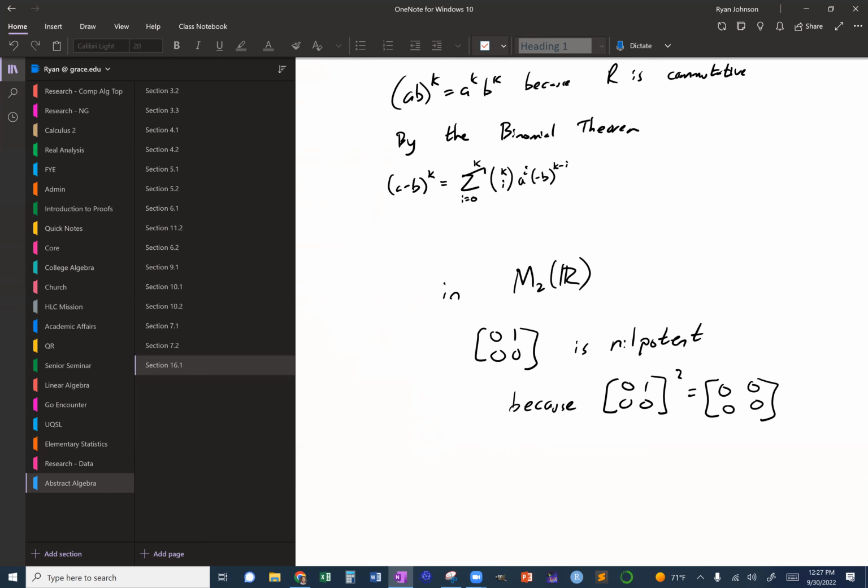So it's nilpotent if there exists a power such that you can send it to 0.